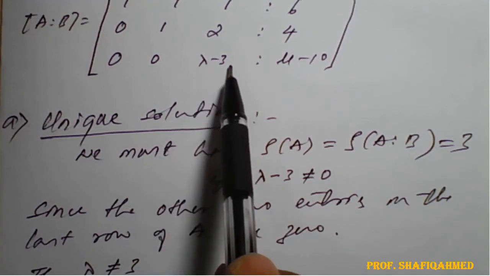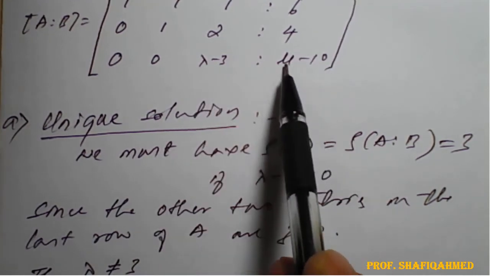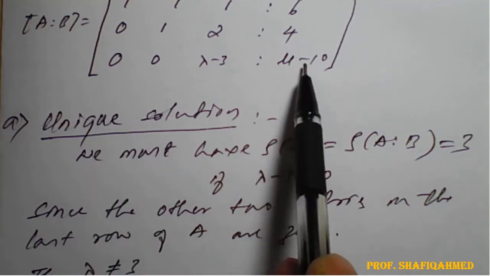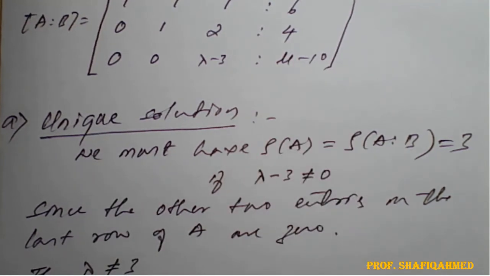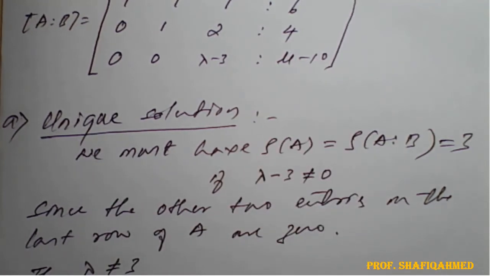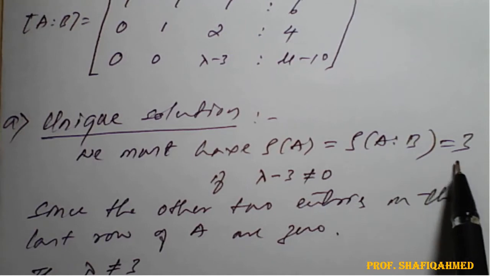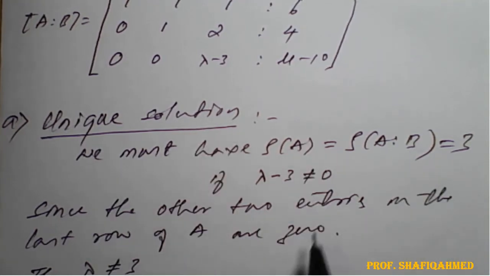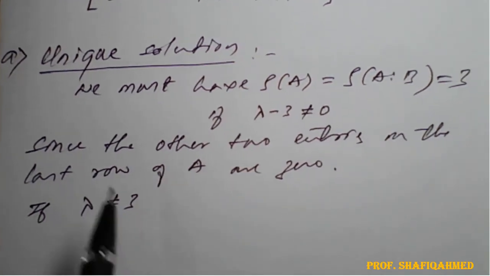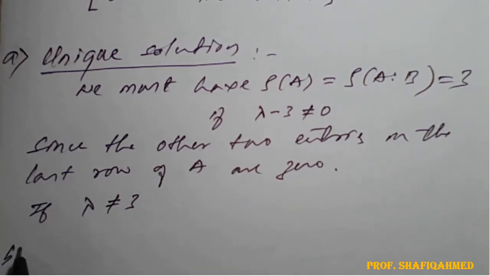So lambda is not equal to 3, but if mu becomes 10 here, the rank will still be 3 itself. So we get rank 3, but the condition lambda minus 3 should not equal 0 must apply, and only then can we say it satisfies the unique solution. Next, coming to the second one, infinite.